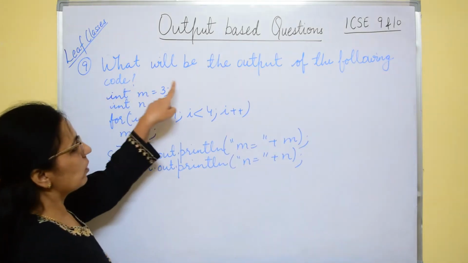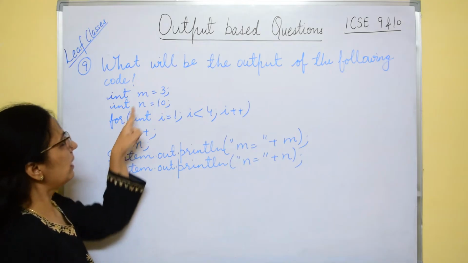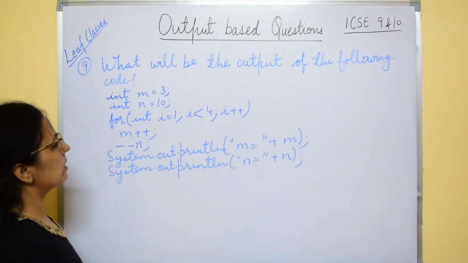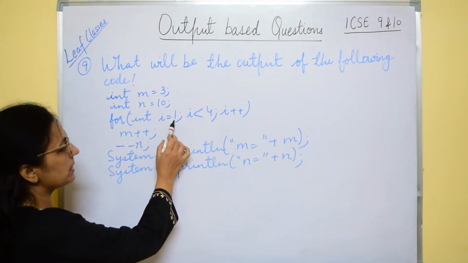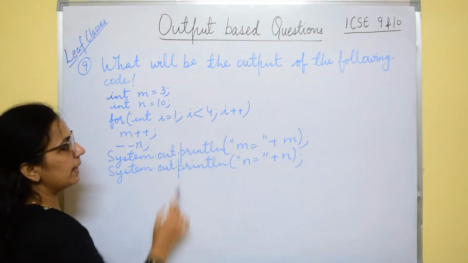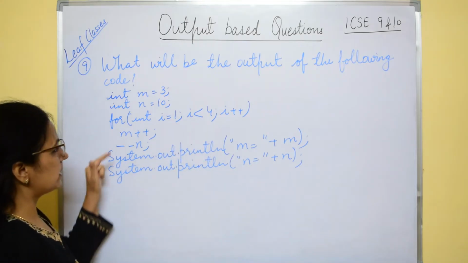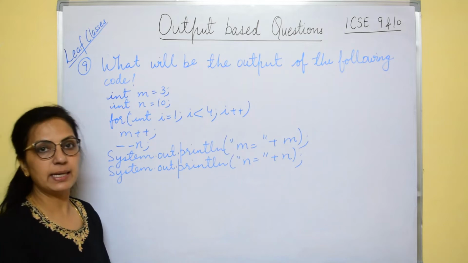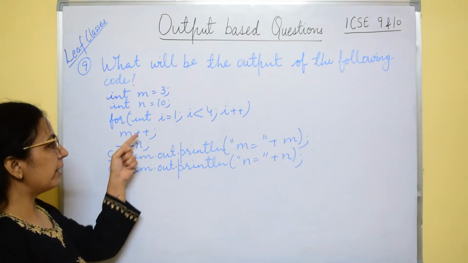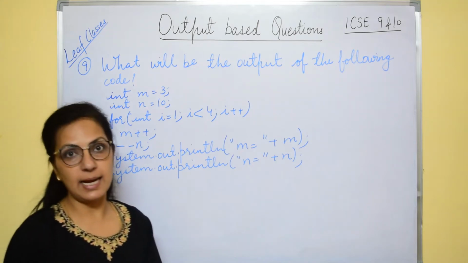The next question, what will be the output of the following code? m equals 3, n equals 10. Then a for loop is given, i = 1, i < 4, i++, m++; --n; So after for, two statements are there.